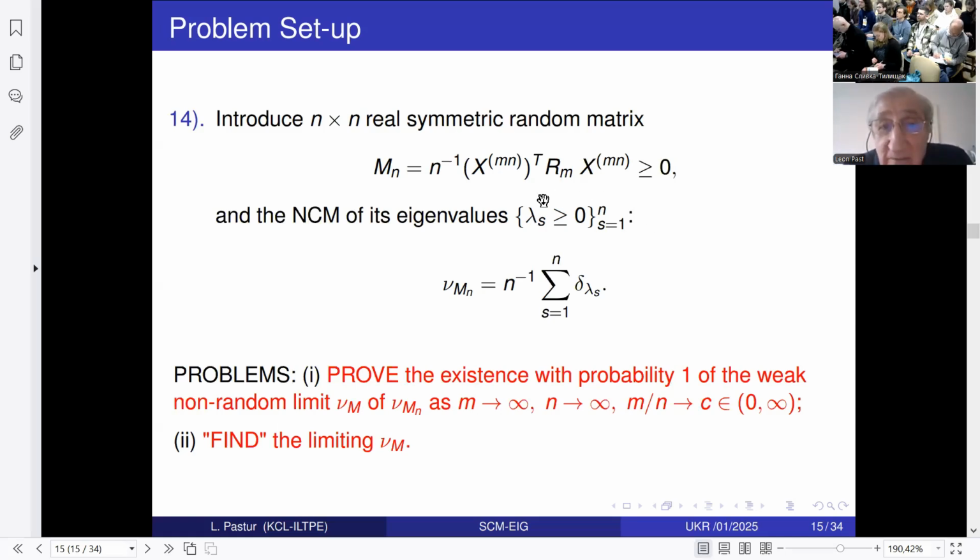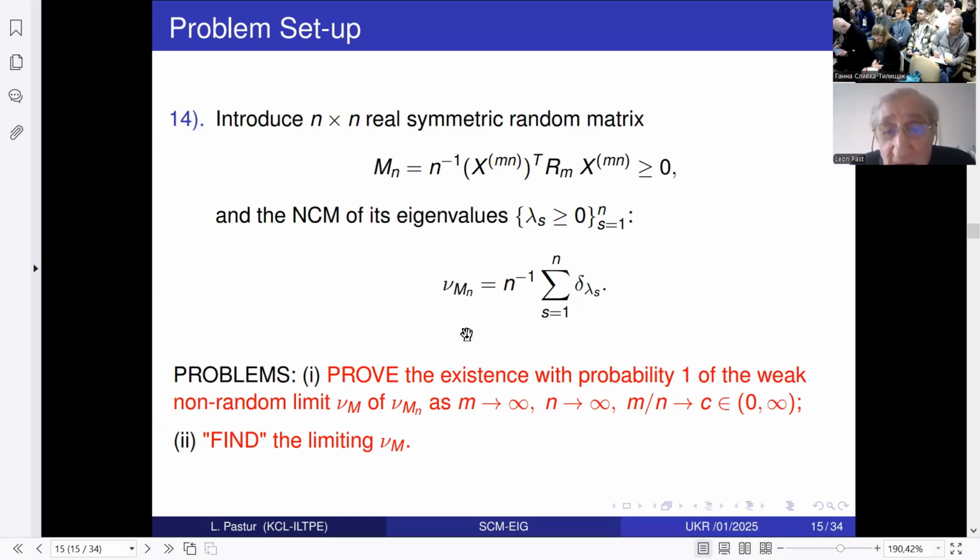And as I said before, taking into account that our matrix X is random, it is in fact highly unlikely to have coinciding eigenvalues, but nevertheless. So I form again, this time, the eigenvalue counting measure of the matrix in question, Mn.